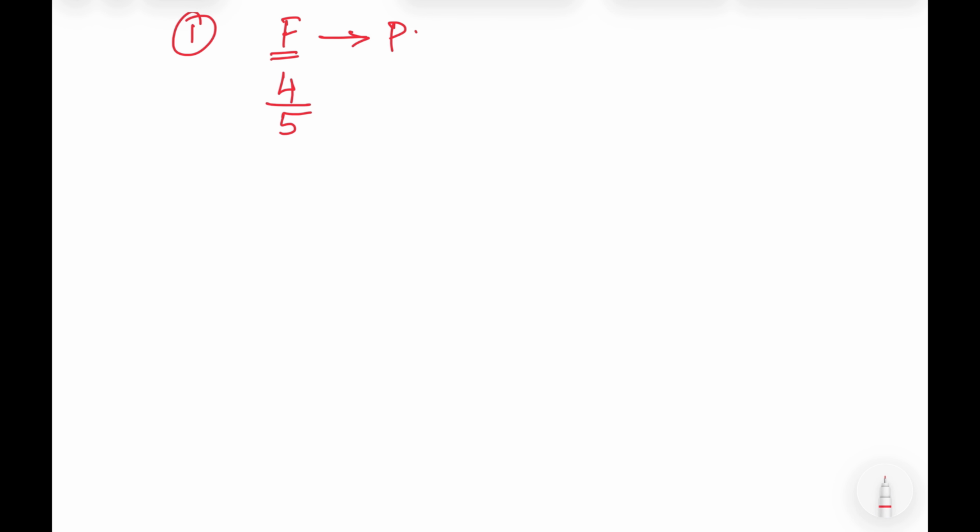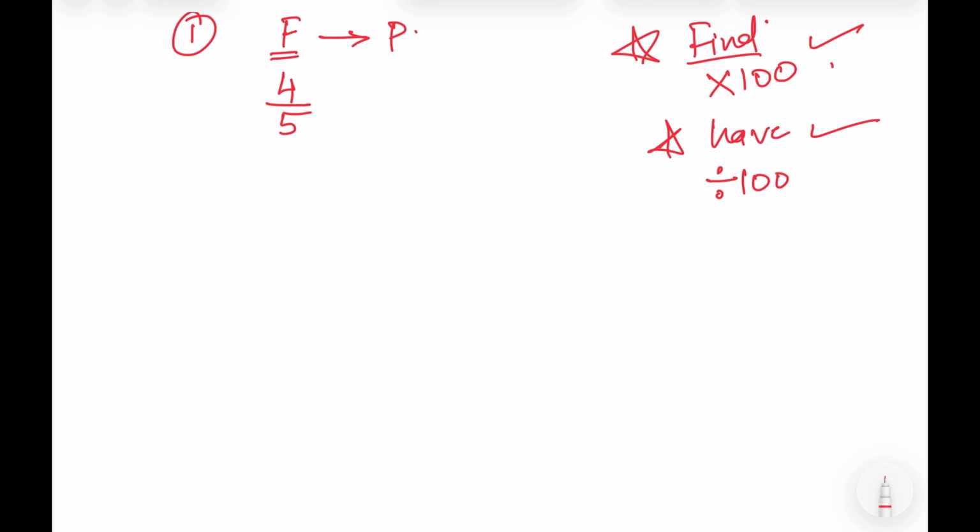Always remember, when you have to find percentage, you multiply by 100, and when you have percentage, you divide by 100. If you remember these 2 points, you will be able to solve any sum very easily on percentage. Okay, so when you have to find percentage, you multiply by 100. When you have percentage already, you divide by 100.